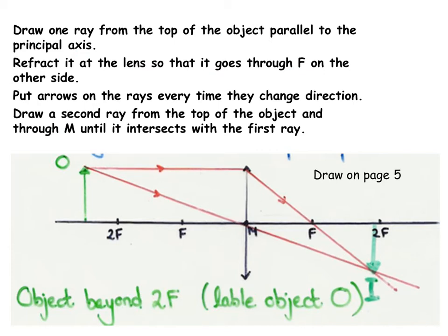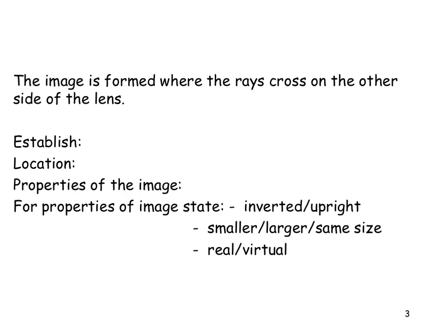The actual rays met and you got a real image over there. The image has been formed between F and 2F on the other side of the lens. So, the image is formed where the rays cross one another on the other side of the lens. We need to know its location, between F and 2F.